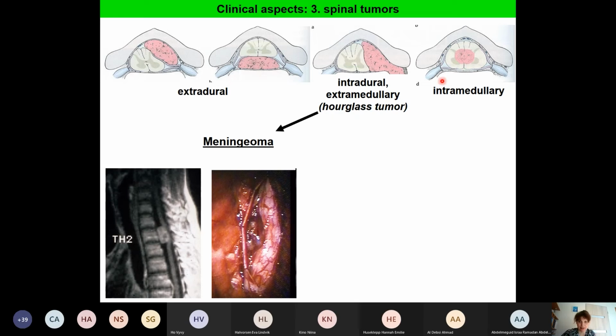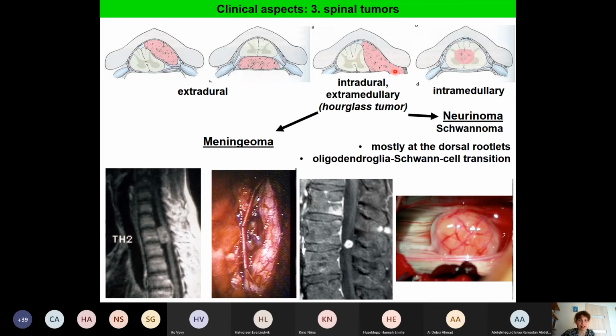But two examples I want to only show you. The meningioma, this is the tumor of the arachnoid, and this is quite common, and it belongs to the intradural extramedullary tumors, and it looks like an hourglass, so it can also be called like this.